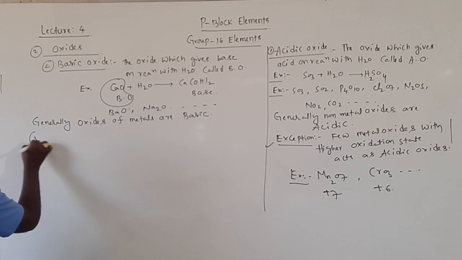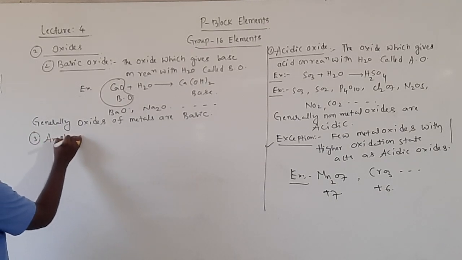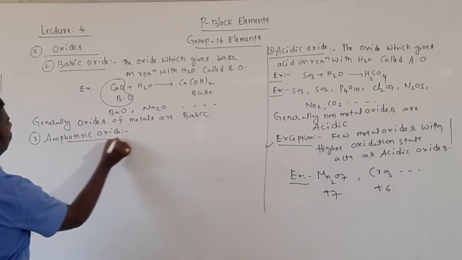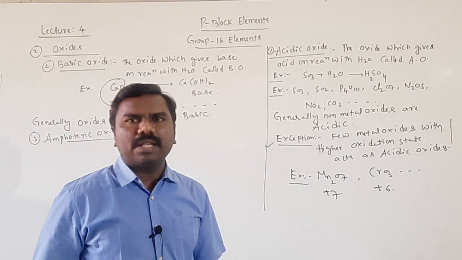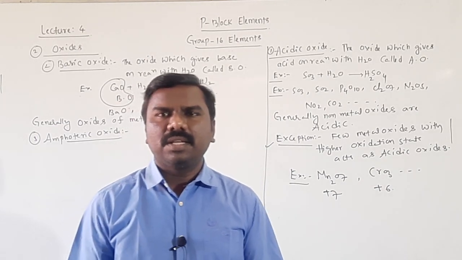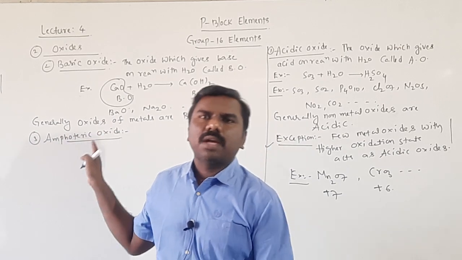Next, third one is amphoteric oxide. It means the oxide which shows acidic and basic oxide characteristics is called amphoteric oxide.